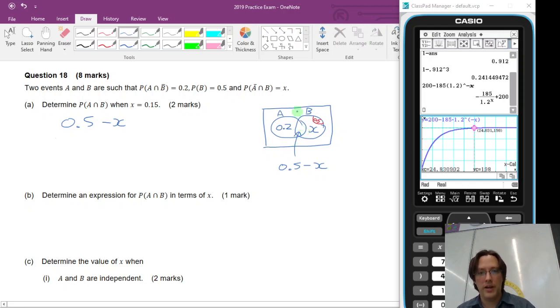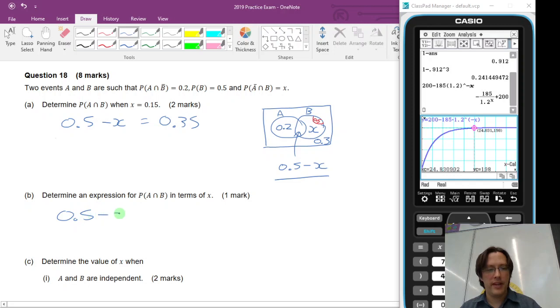We've got 0.2 in here, 0.5 in there. That means we know that this is 0.3 outside there, which is also useful to know. So we've got expressions for all of the parts of our Venn diagram. And that's 0.35. What's an expression for probability of A and B in terms of X? We just did that.